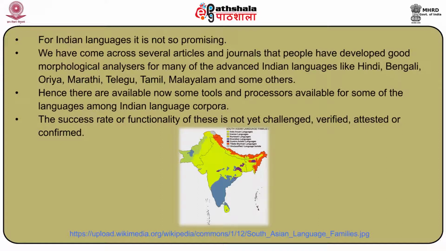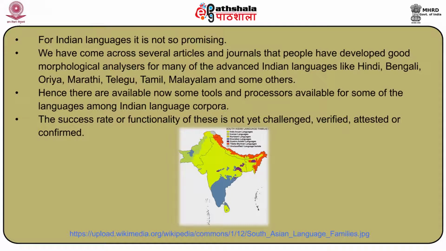We have come across several articles and journals in which people have developed good morphological analyzers for many of the advanced Indian languages, particularly Hindi, Bangla, Odia, Marathi, Telugu, Tamil, Malayalam, Gujarati and Konkani. People claim that they have developed good morphological analyzers as a supporting tool for machine translation or as an independent tool for morphological language processing.